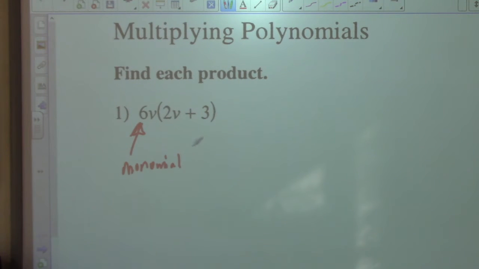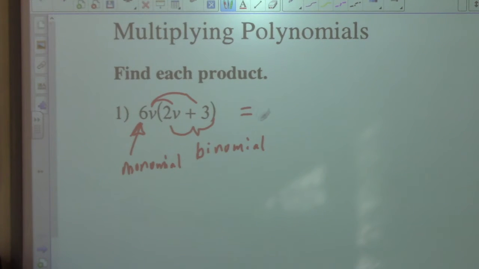and then this thing right here we call a what? Okay, we call it a binomial. One term here times two terms, a monomial times a binomial. When I have something this simple, I like making a little sketch like this to look at what's happening.